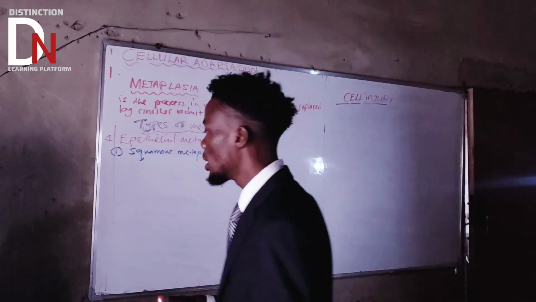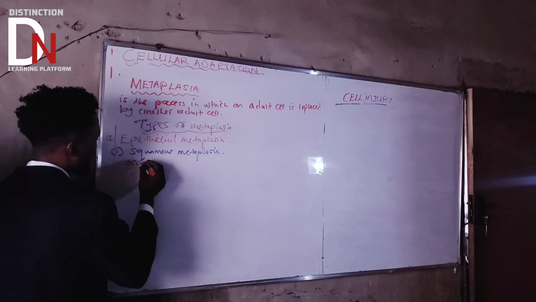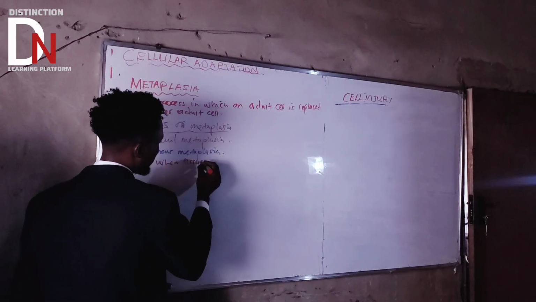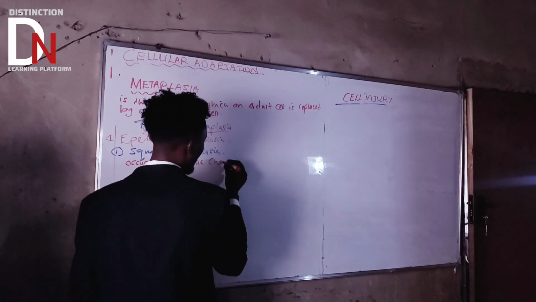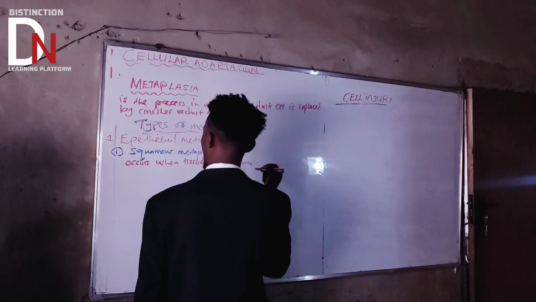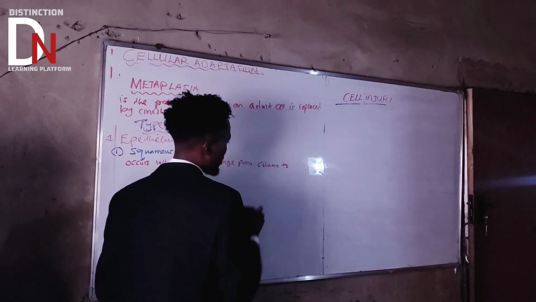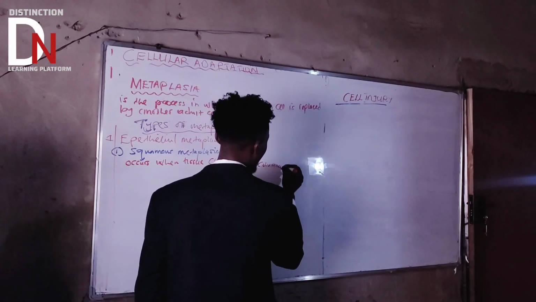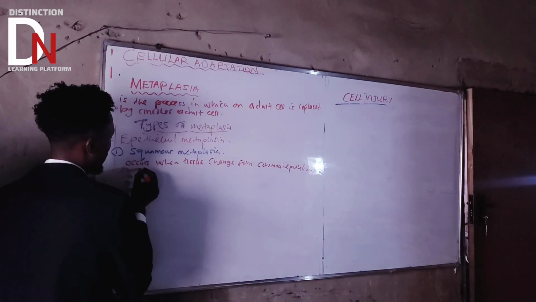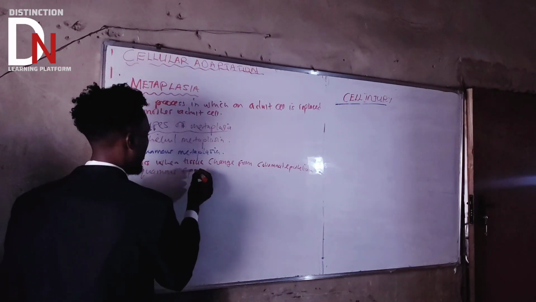So what am I simply saying? I'm telling you guys to say squamous metaplasia occurs when tissues from columnar epithelium change to squamous epithelium.